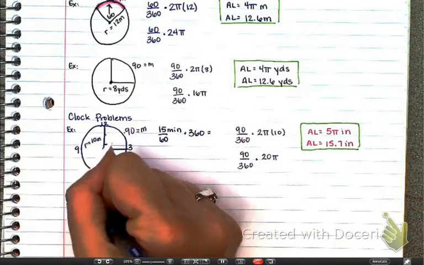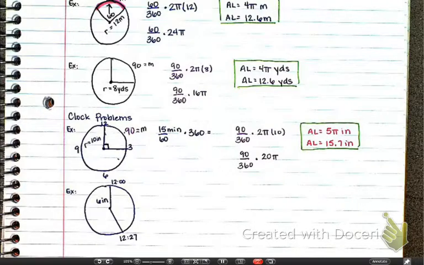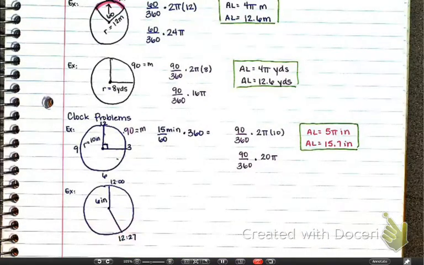And I will tell you that the minute hand is 6 inches. So I can't look at that and say this measure is however many degrees. I know it's going to be somewhere between 90 and 180 though, right? Because straight across would have been 90, straight down's 180.